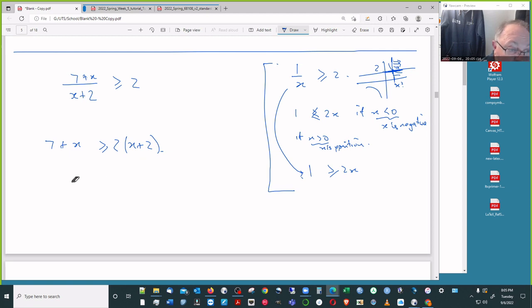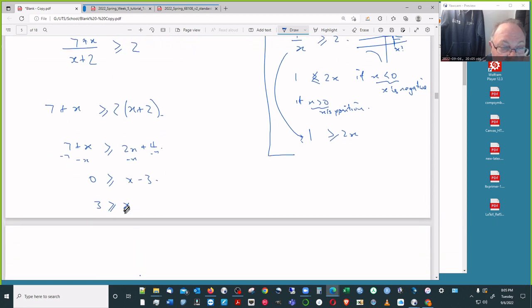Then I can go 7 plus x is greater than or equal to 2x plus 4, and then I can put them together, so I can subtract the x and subtract the 7, so I get 0 is greater than or equal to x minus 3 or something like that. Or I could leave the 3 over there, and so 3 would be greater than or equal to x.